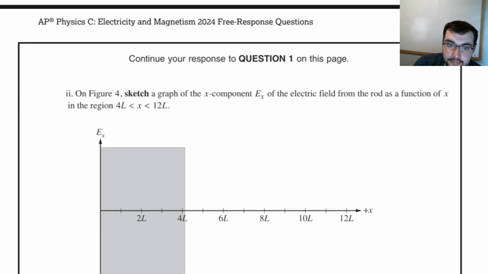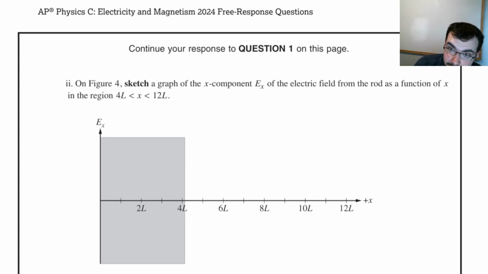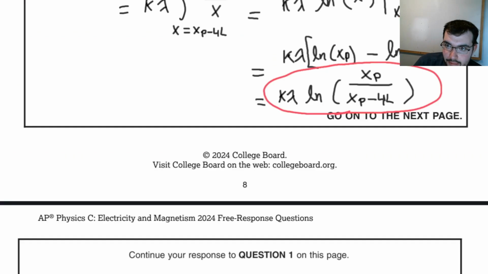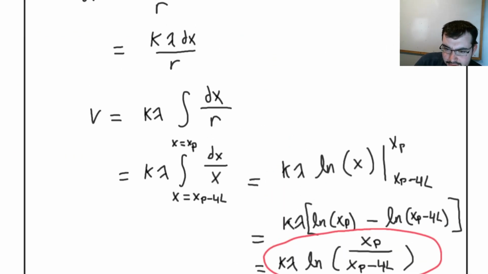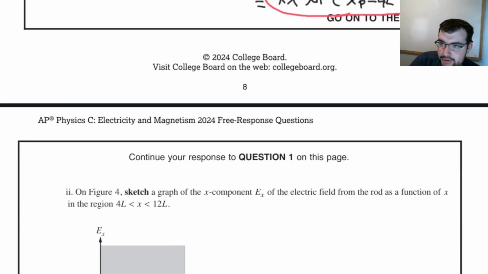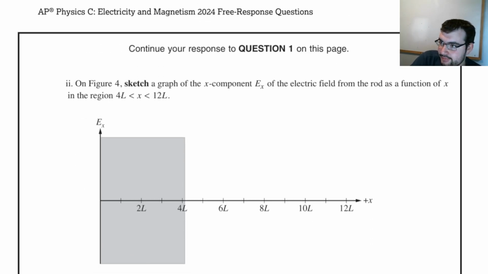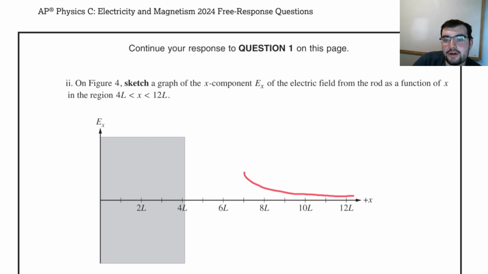All right. Sketch the graph of the x component of the E field at a distance x away in the region x from 4L to 12L. There's kind of a guesswork way of doing this and then the more analytical way. First, we can reason that as you go farther out, the electric field is obviously going to decrease. So I know that eventually it's going to sort of decrease.